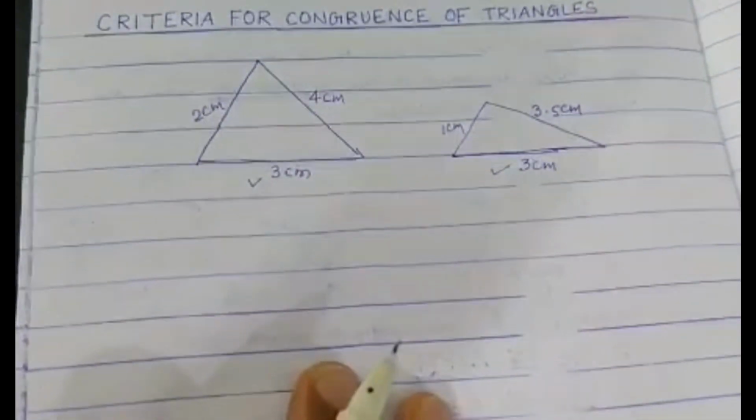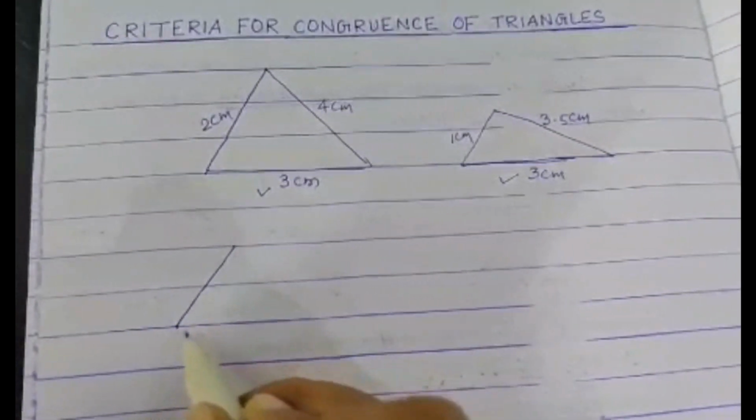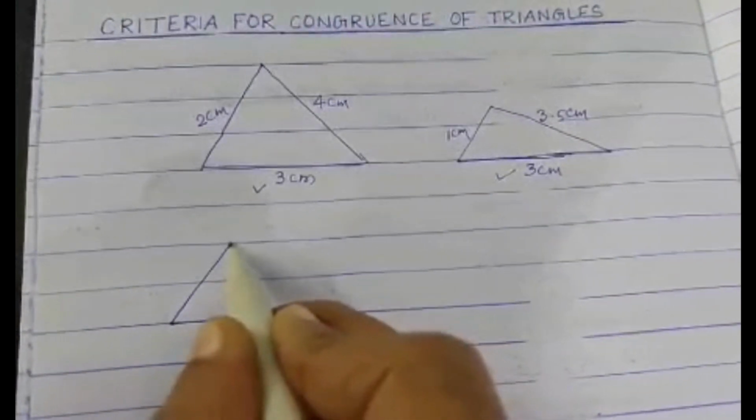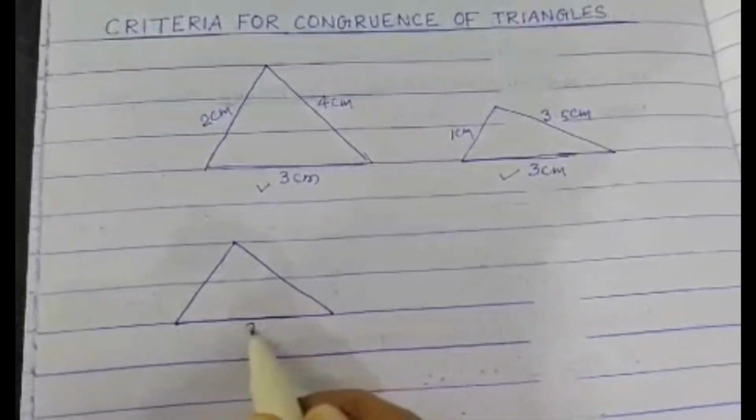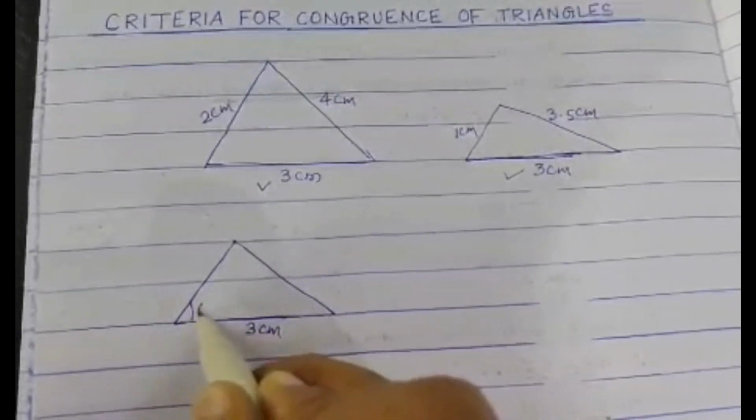Now let us take another example. Here we are taking that this side is 3 centimeter and this angle is, let us suppose, 60 degree.